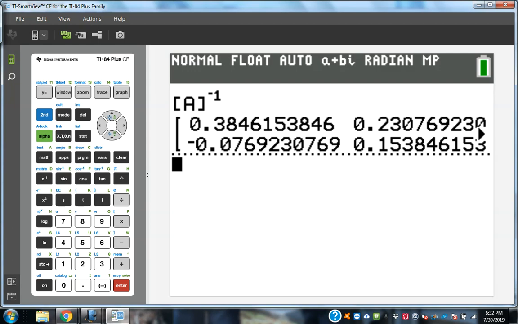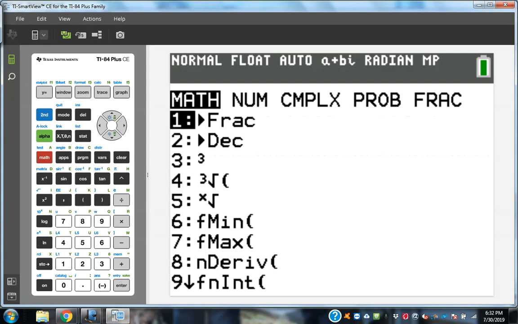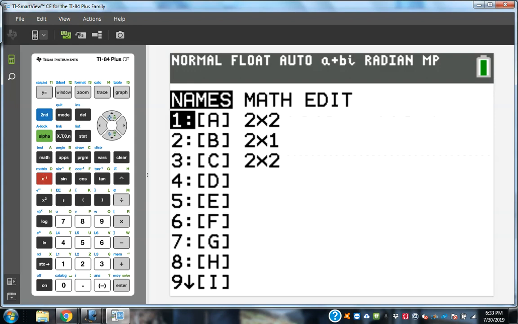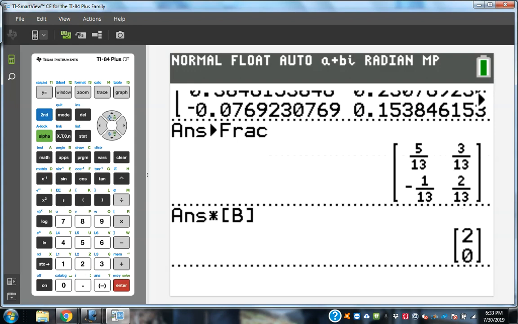A lot of decimals there, just a ton of it. Okay, I could hit math, enter, and it looks a little bit better. Divided by 13. 13 is not a great divisor. It doesn't go into a whole lot of stuff. Now what I'm going to do with that is multiply that answer times matrix B. So I just hit the multiplication symbol and then matrix B. And it gives me X and Y. It's 2, 0.